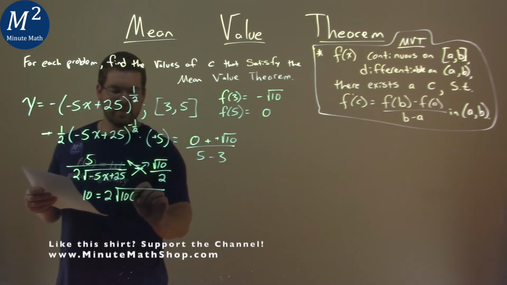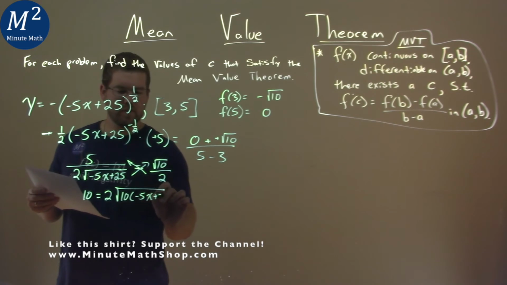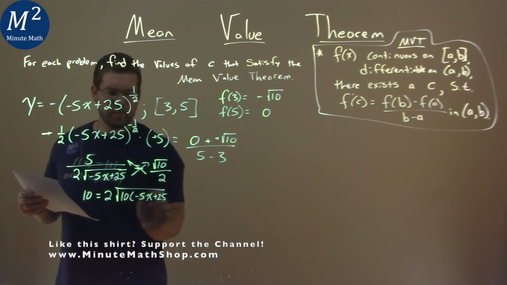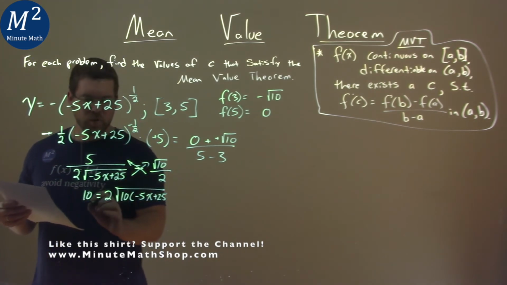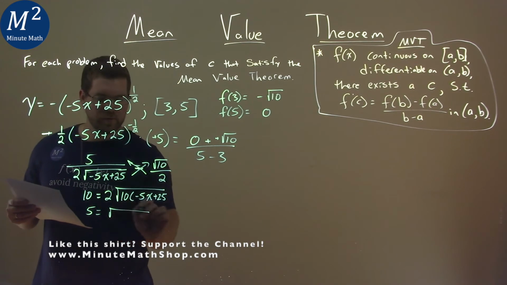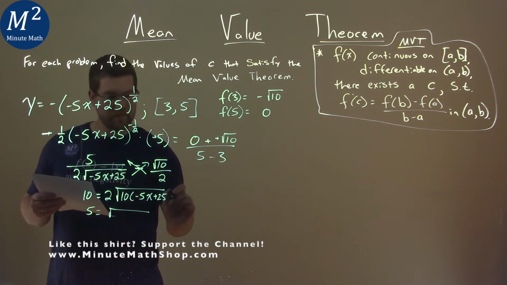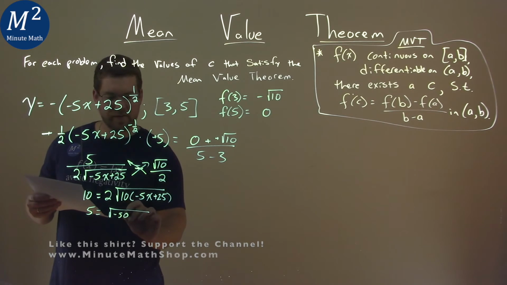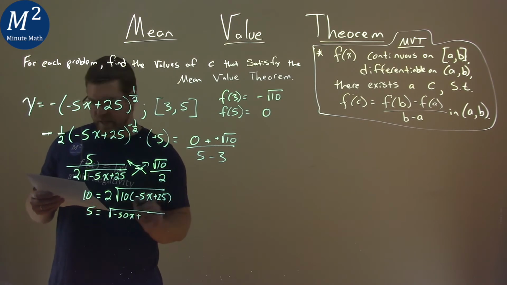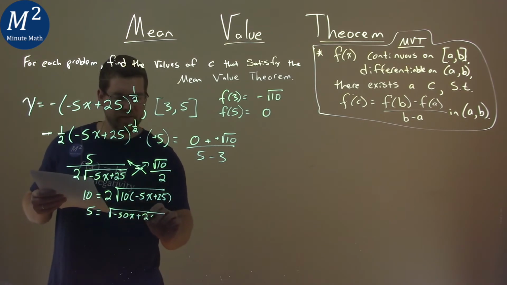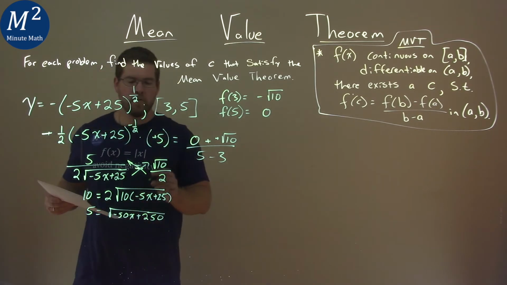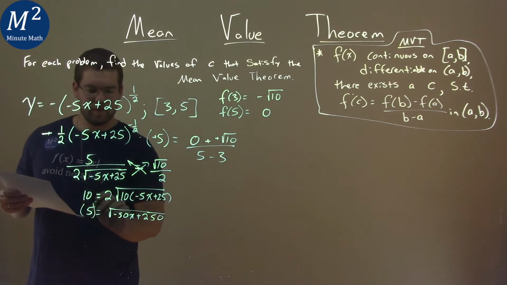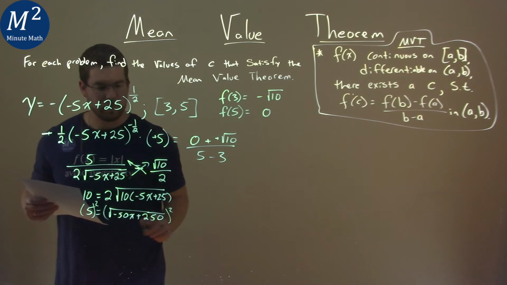So 10 times the inside, -5x plus 25. I'm going to divide both sides by 2, bringing it back, and we have 5 equals the square root of 10 times -5x, which is -50x, plus 10 times 25, which is 250. From there, I'm going to square both sides of the equation to get rid of that square root.